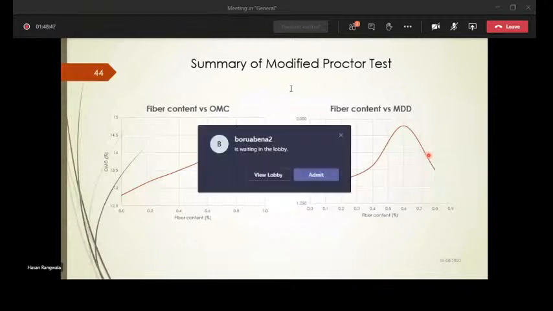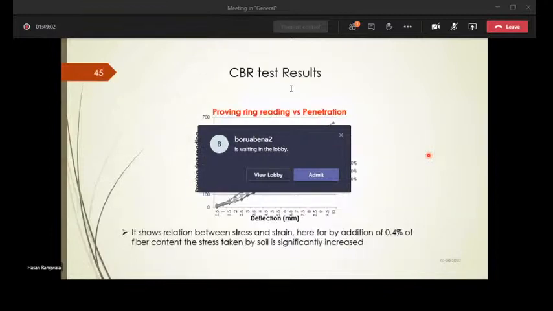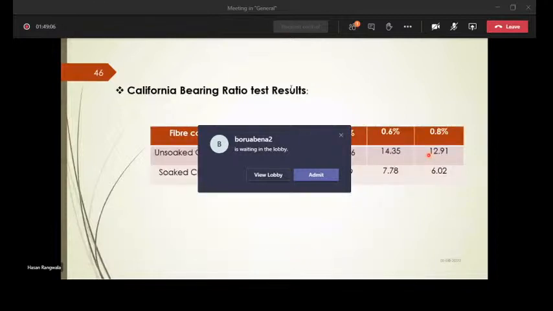As we already discussed, the percentage of fiber and the length of fiber are always factors that will affect all my results. Then we have surely done the CBR test, which is the basic graph, and you can see the CBR values on soaked and unsoaked CBR at various fiber contents.